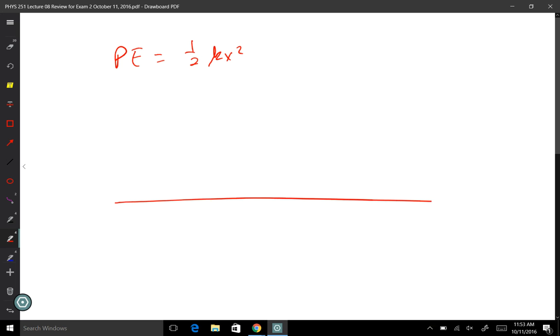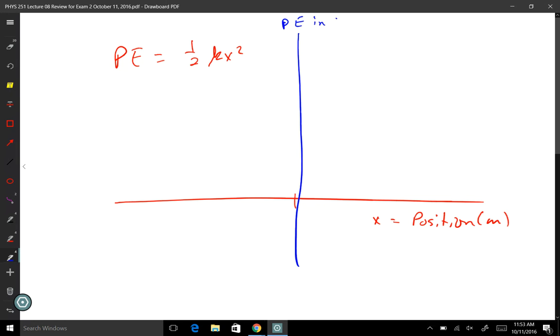If I graph this, I'm going to have position on this axis, and on the vertical axis, I will have the potential energy. Okay, let's be consistent.